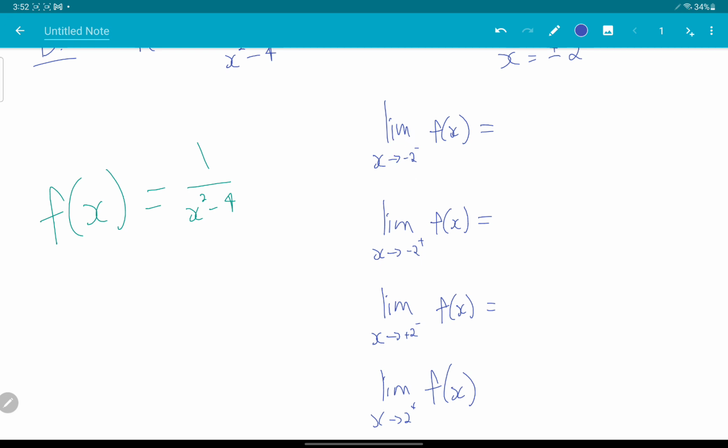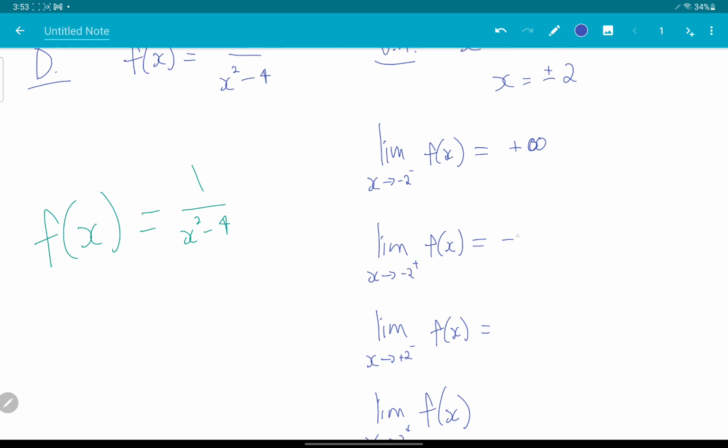Now, if I try to plug this thing into here, think about something a bit more negative than minus 2. My denominator is going to be positive, so I'll have plus infinity here. If I have something a little bit bigger than minus 2, so think about minus 1.9, this denominator will be negative, so I get minus infinity.